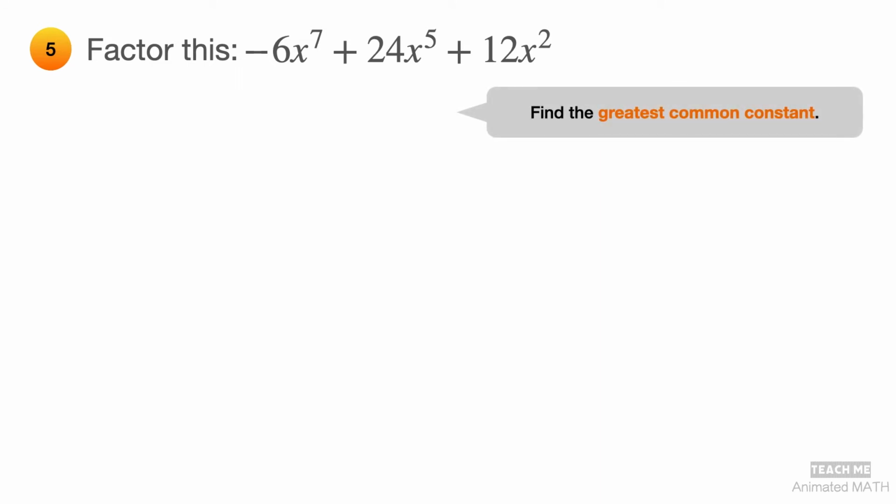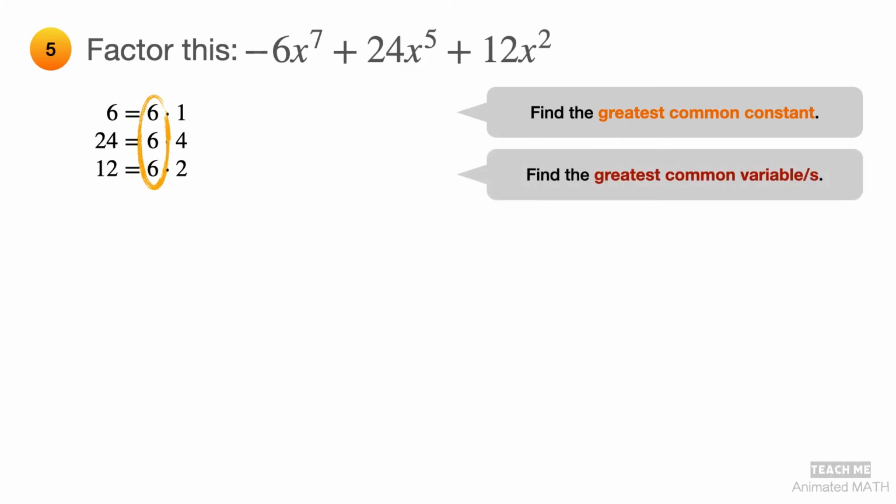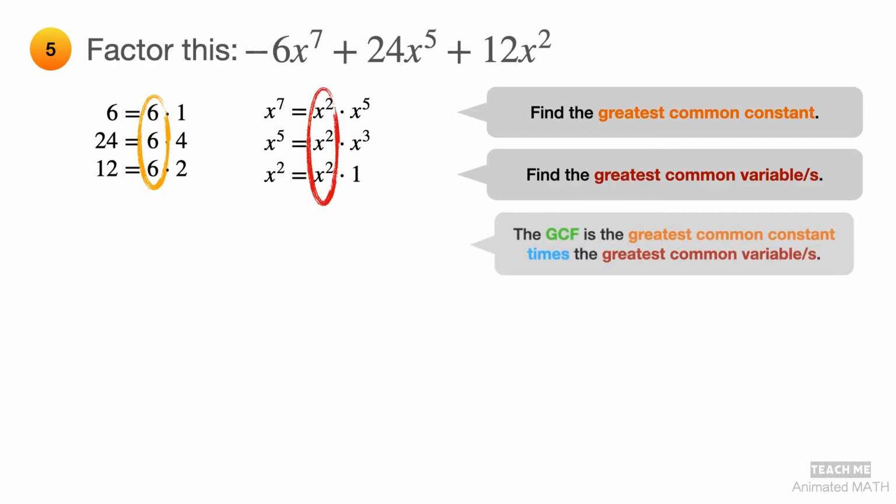You can find the greatest common constant by factoring the coefficients 6, 24, and 12. In this case, that constant is 6. You can find the greatest common variable by factoring the variables in each term. In this case, that is x squared.